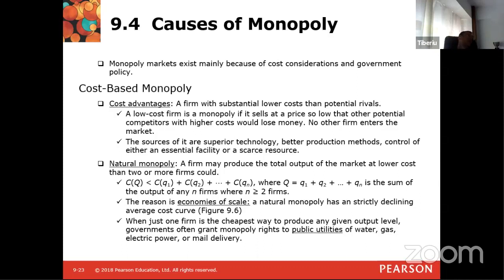This is called dumping, when you sell a product below production costs so that you can ruin your competition, and after that you will be in a monopoly position. However, dumping is not allowed in many markets.